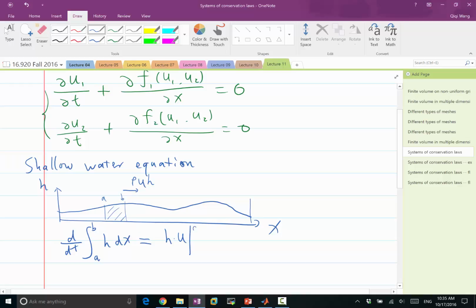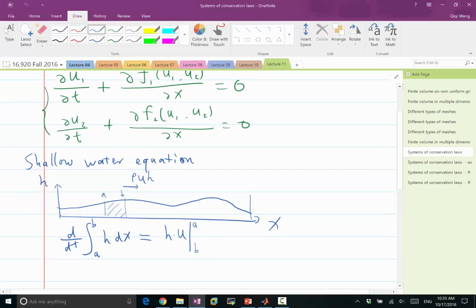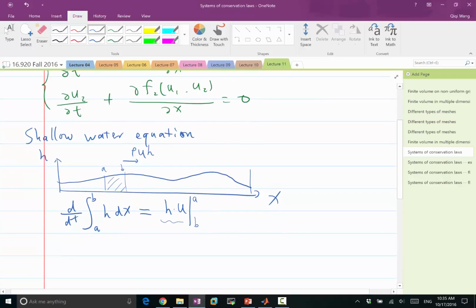So it's going to be a and b, right? Okay, so that means here h times u is the flux. The flux depends on not just h, but also some other quantities.